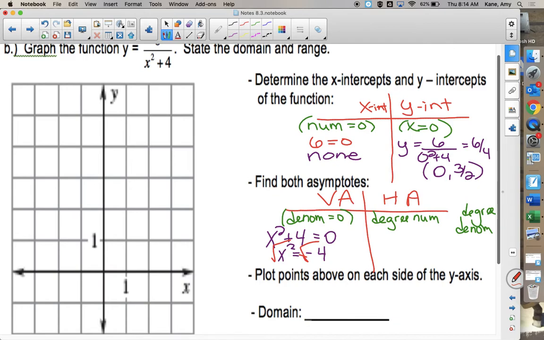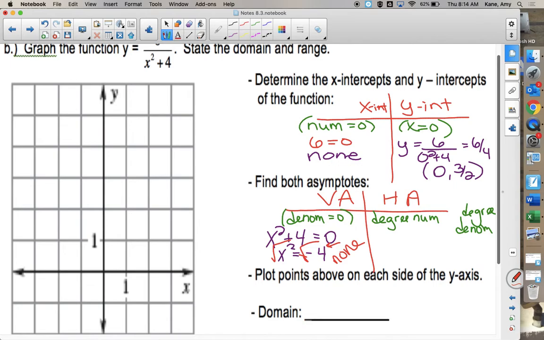You can't take the square root of a negative number. It's an imaginary number. What do you think that means about the vertical asymptote? There isn't one. It's imaginary. We're graphing real numbers, not imaginary numbers. So there is not a vertical asymptote because there's a negative number that we can't take the square root of. Imaginary asymptotes don't exist. Yay. I mean, we could have imaginary numbers, but not imaginary asymptotes.